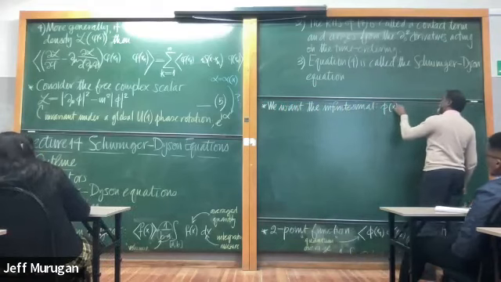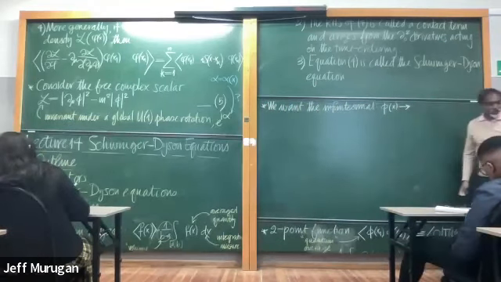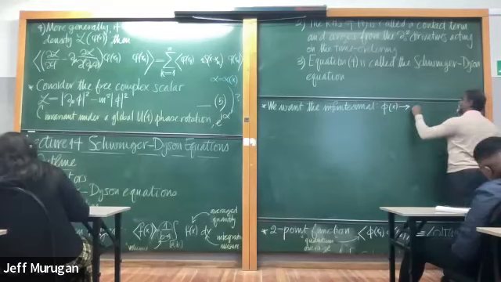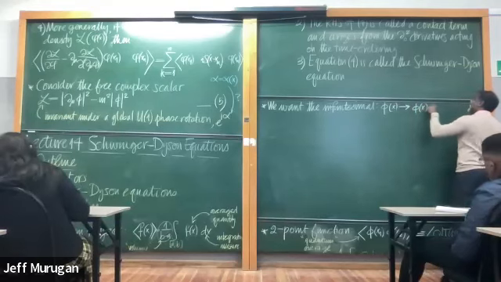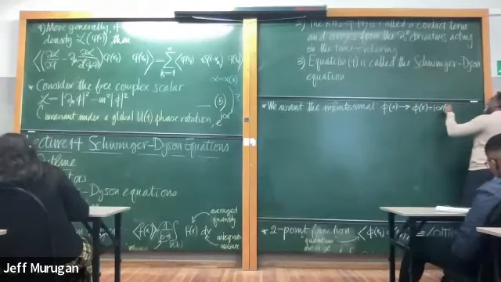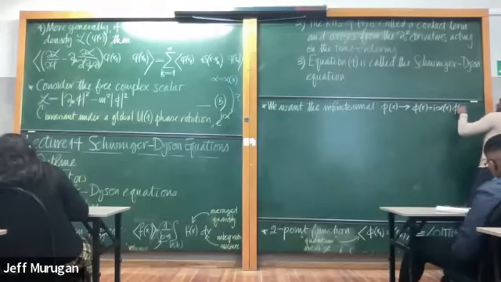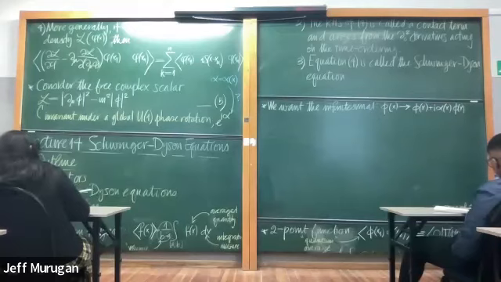transformation of phi of x to phi of x plus i alpha of x phi. Okay, so we consider alpha very small, and similarly for phi star with a minus sign. The first thing to note is that this is a unitary transformation, which means that I can undo it by conjugation.